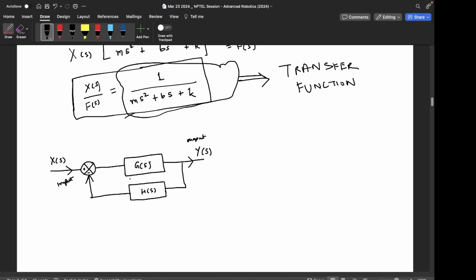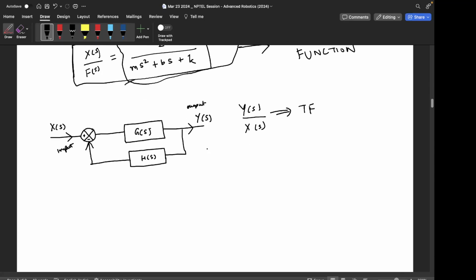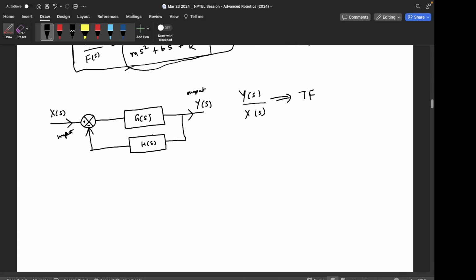What we would like to find out is the relation between the input and the output. So basically the ratio of Y(s) and X(s), that is the transfer function. So for this very simple block diagram, what is the transfer function?